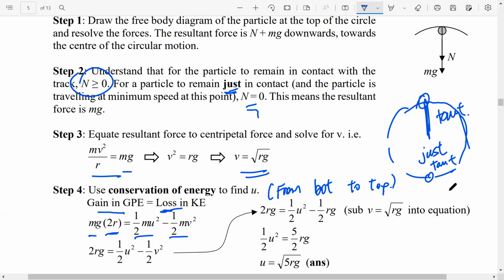Same thing, when it's taut it means that there's tension. Just taut means that tension is just nice 0. Okay, now you can try question 4.